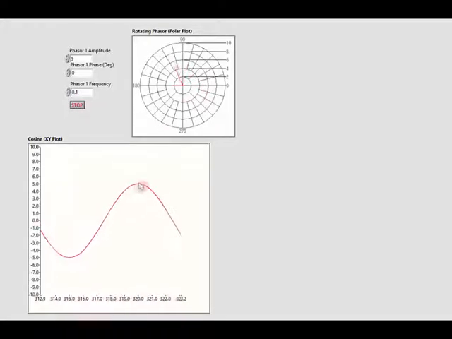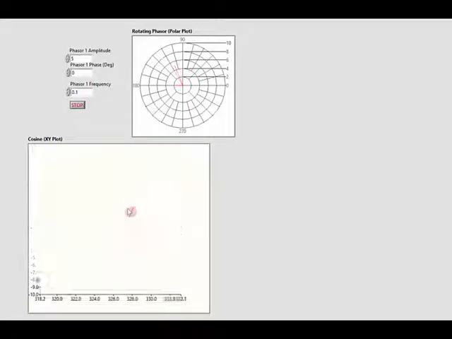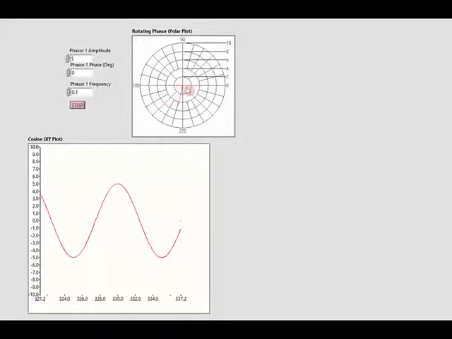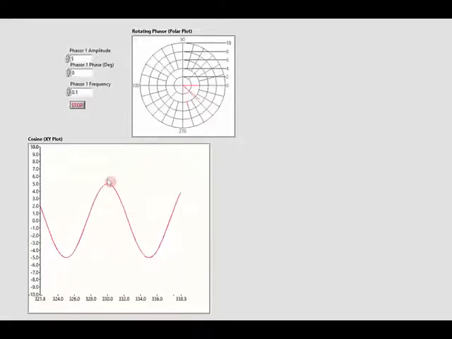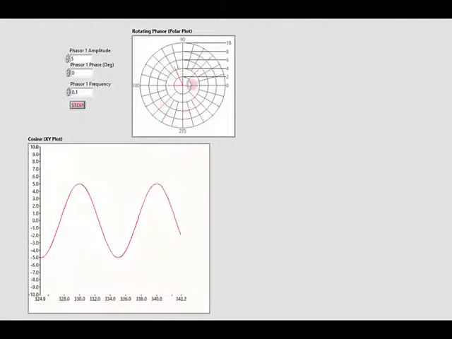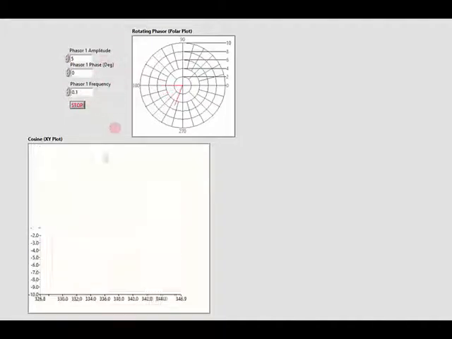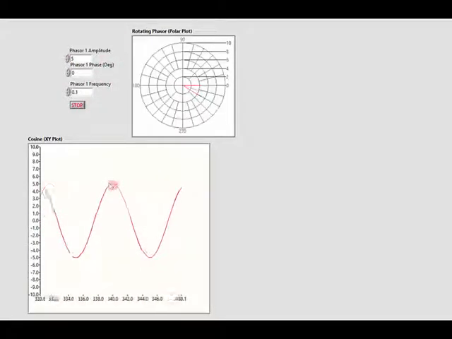I can see that the peak value of this cosine function is the same as the magnitude of this vector. The instantaneous value of this cosine is the same as the projection of this vector onto the x-axis, and the frequency of this cosine function is the same as the rate of rotation. So now what I want to do is change these values here and observe the changes on the cosine plot.